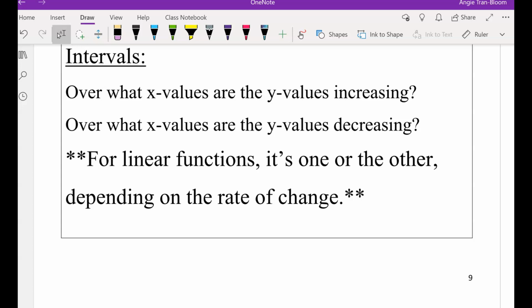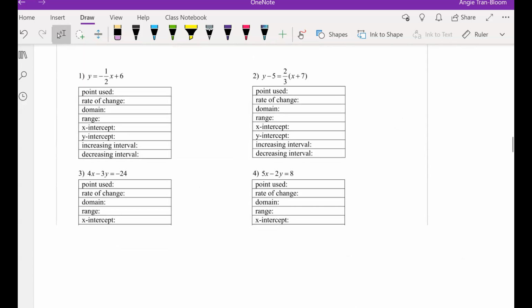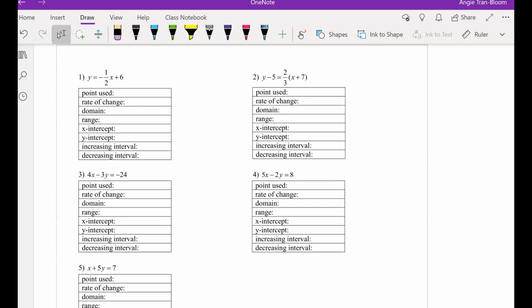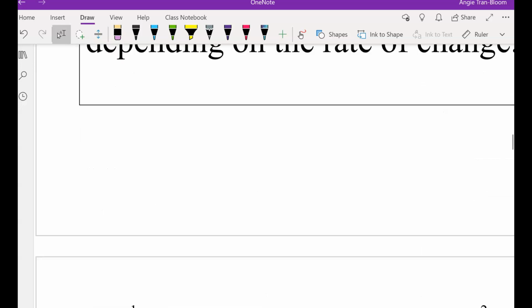We're going to try to fill out these 5 boxes down here using the graph that we already did on the previous page. Number 1, we're going to fill out point used. What point did we use to start number 1? Look back at the previous page.